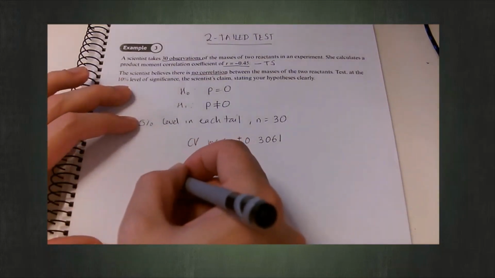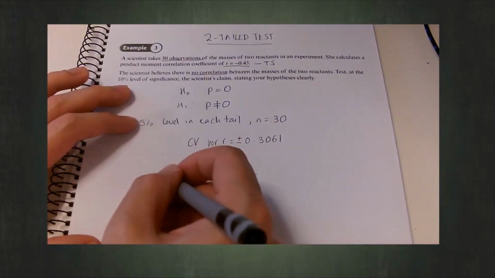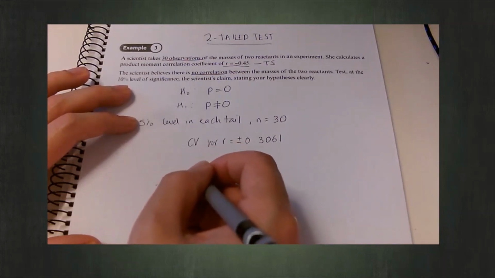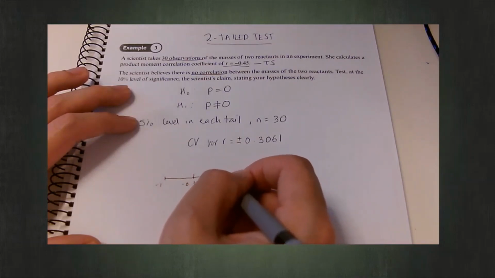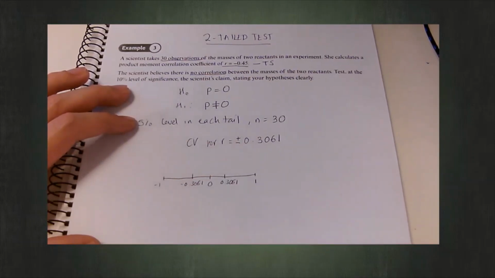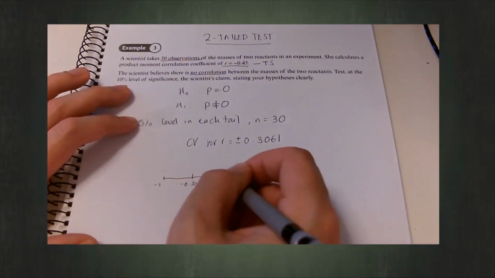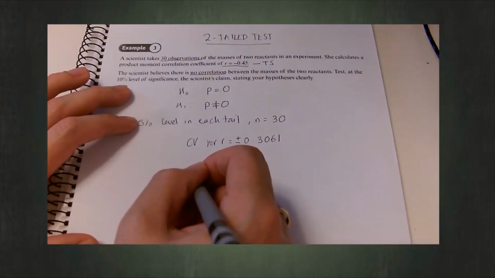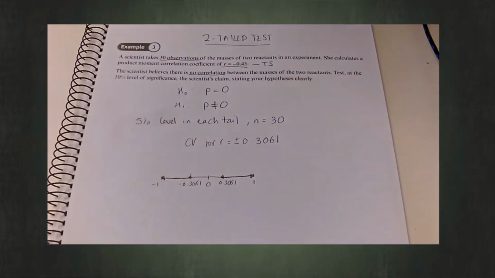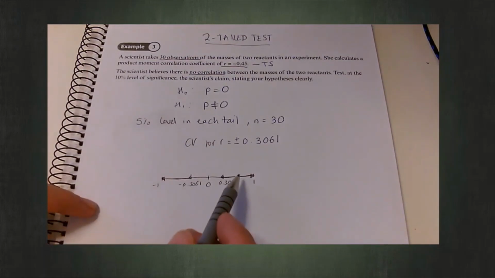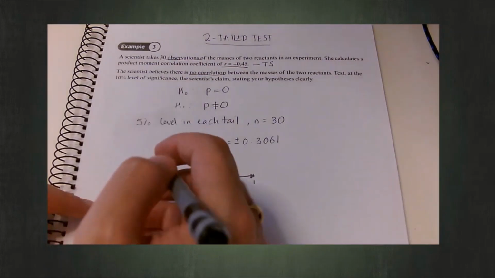Now, because we're testing upper and lower, 0 is here, minus 1 is here, 1 is here, minus 0.3061 and plus 0.3061. The upper tail would be everything to the right here, and the lower tail will be everything to the left here. So if our test statistic lies in either this critical region or this critical region, we can reject the null hypothesis.